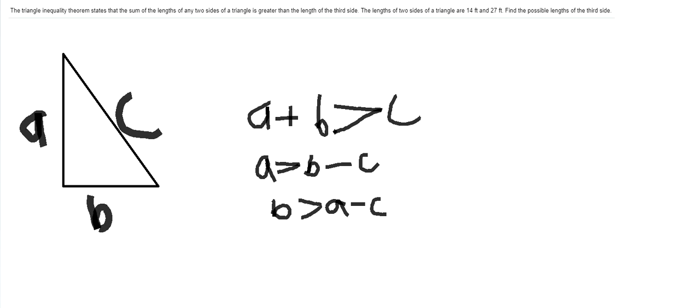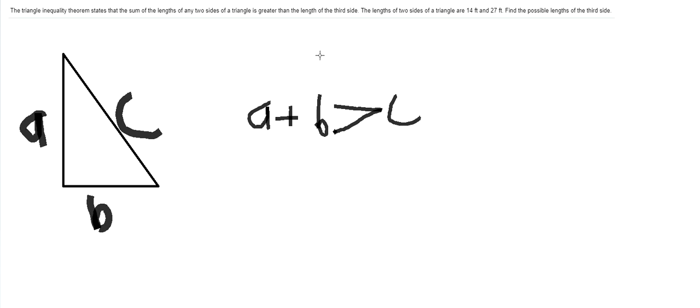But that's not part of the thing, that's just an extra fun fact. So A plus B is greater than C.